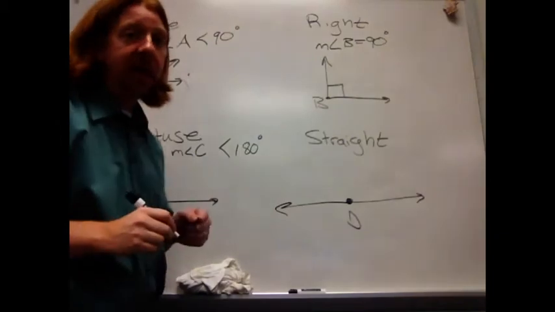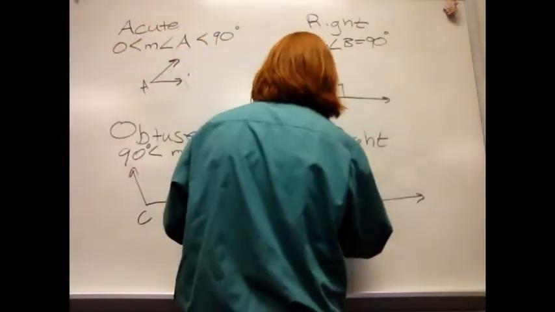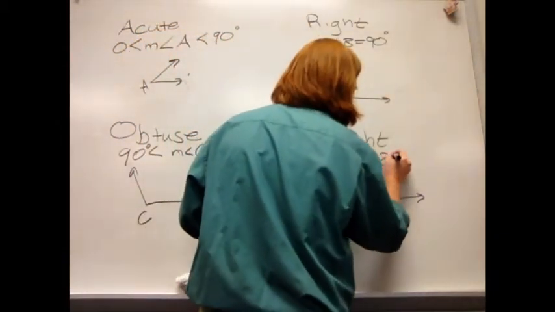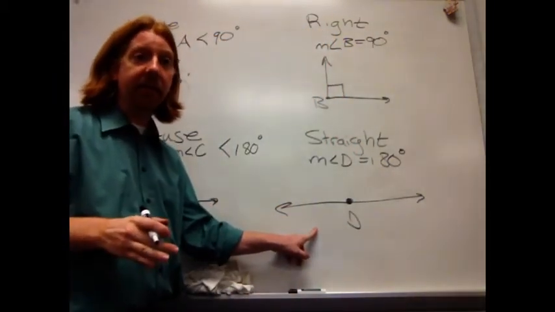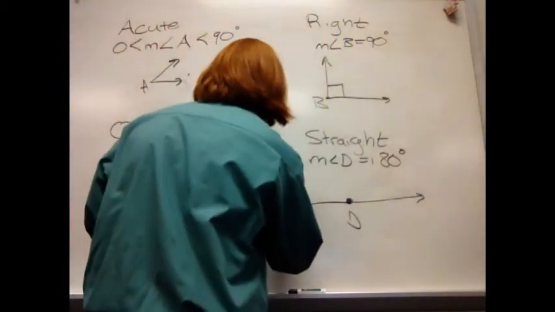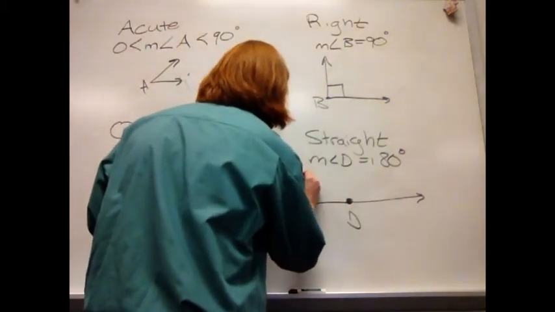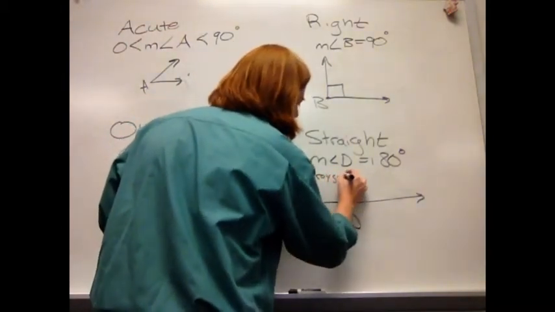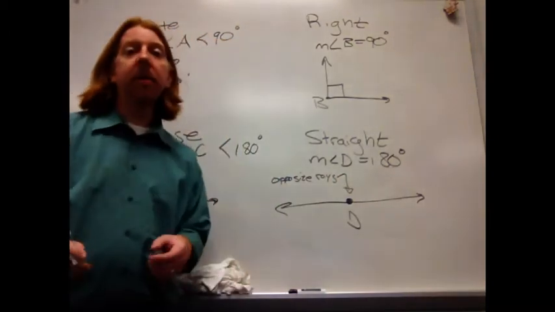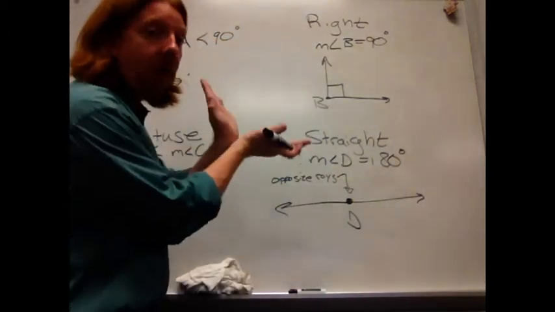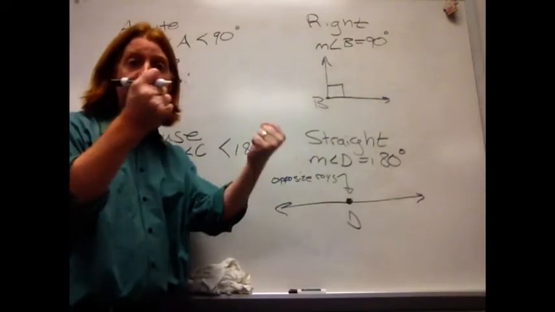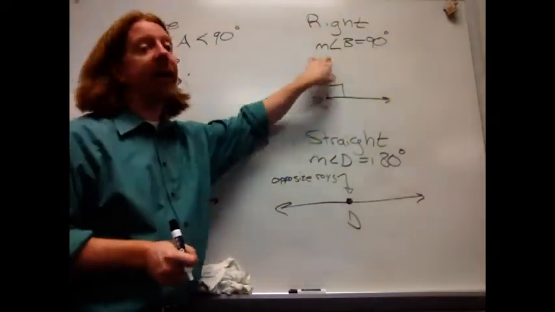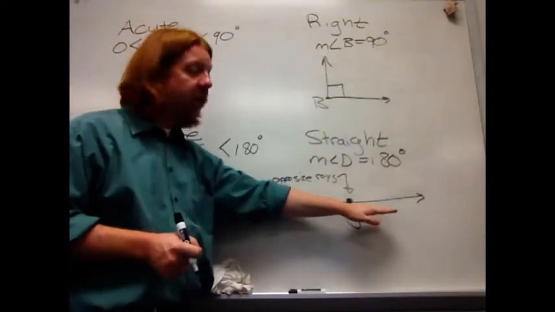In fact, when I look at that, it looks like a pair of opposite rays. Because I've taken my angle, I've opened it up all the way to the point where now it's a straight line, where my two rays that made up the sides of my angle are now a line.